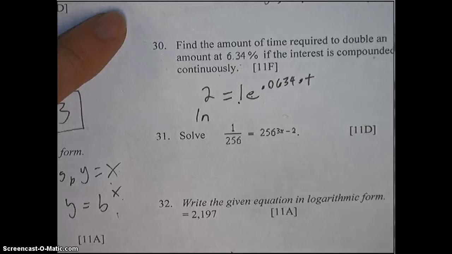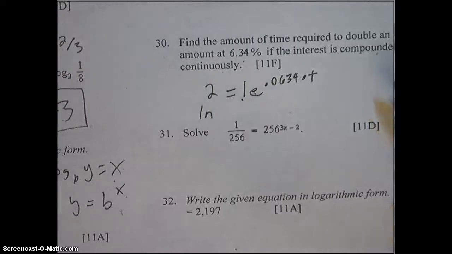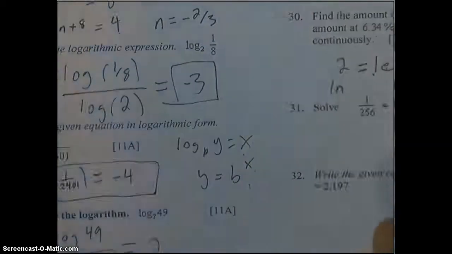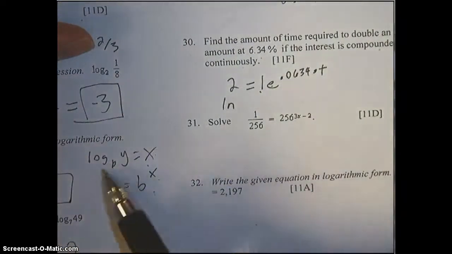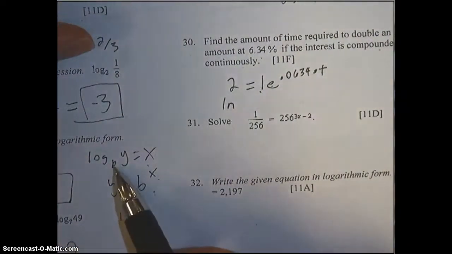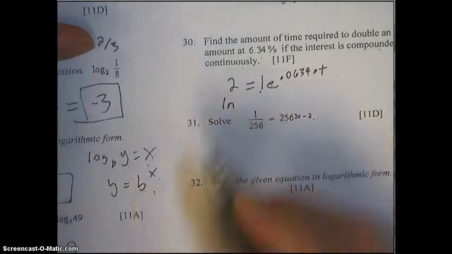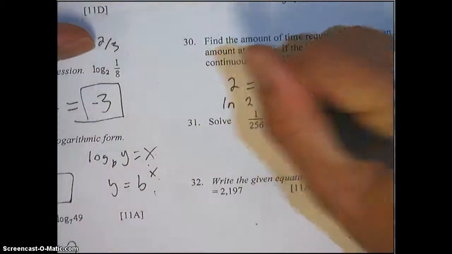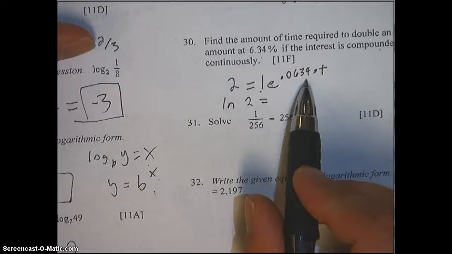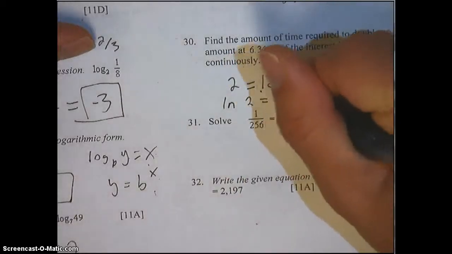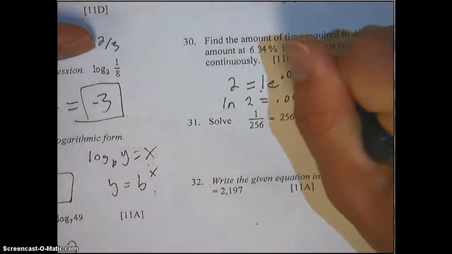and so it's going to be natural log of the, so let's zoom out so we can get our rules on the same page here. So log base e of y, so that's 2, equals whatever's left over here in the exponent, 0.0634 times t.